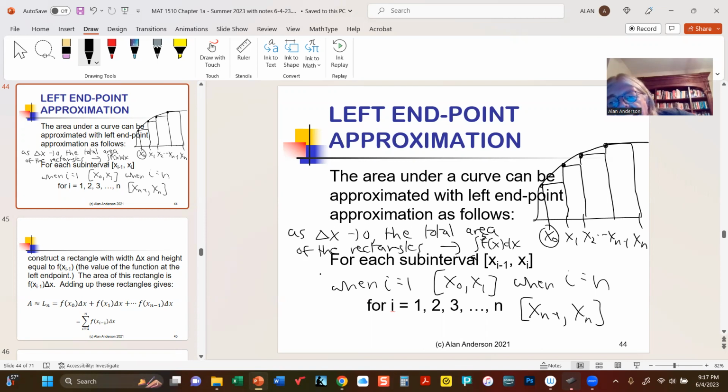And in addition, it doesn't matter if we use the left or the right endpoint approximation, they'll both converge to the same answer. What we basically want to show is that it works both ways.